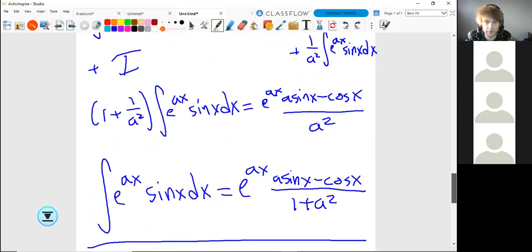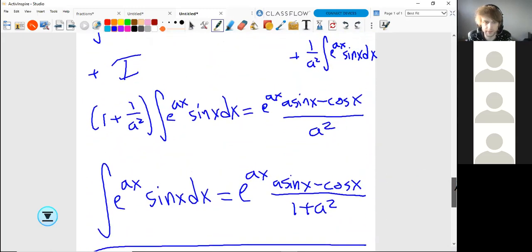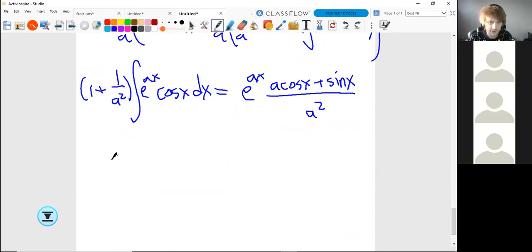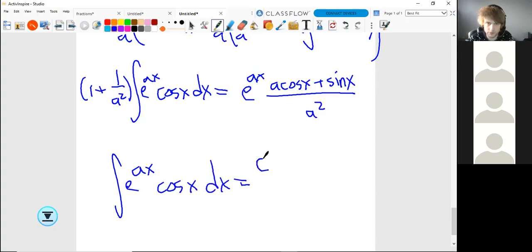So you just flip them and you change the sign in the middle. And if we simplify this equation, the integral of e to the ax cosine x dx is equal to this thing.